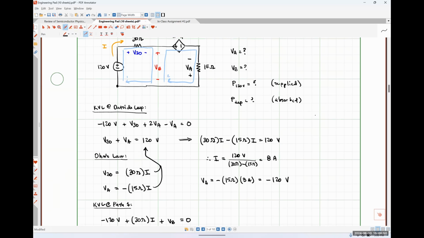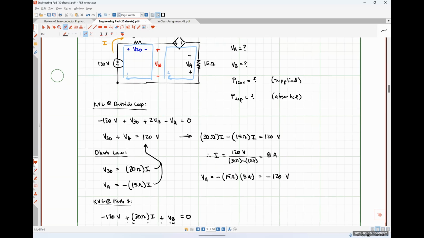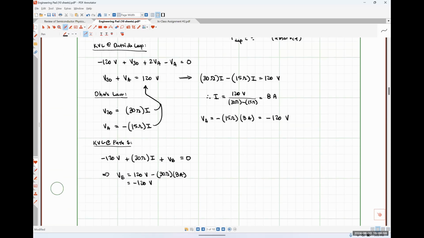The power supplied by the 120 volt source. So let's put that over here on the right. So because we're dealing with the power supplied by a voltage source, our only thing that we can do is use our relationship that P is equal to voltage times current.